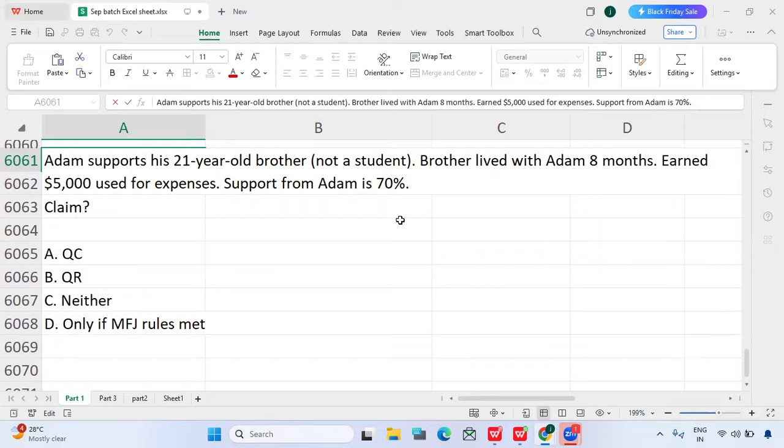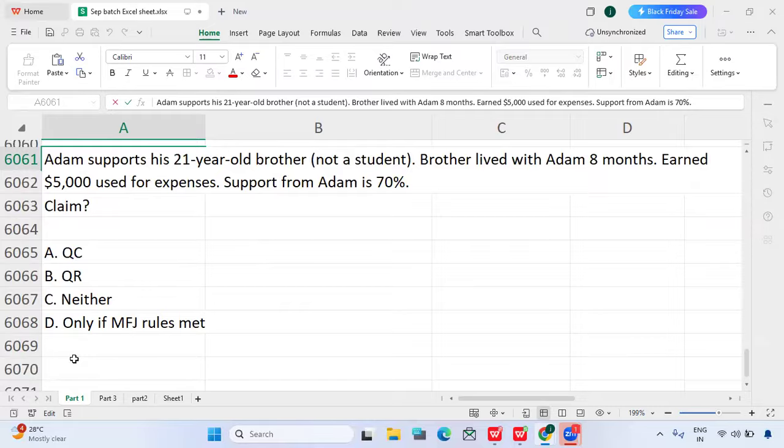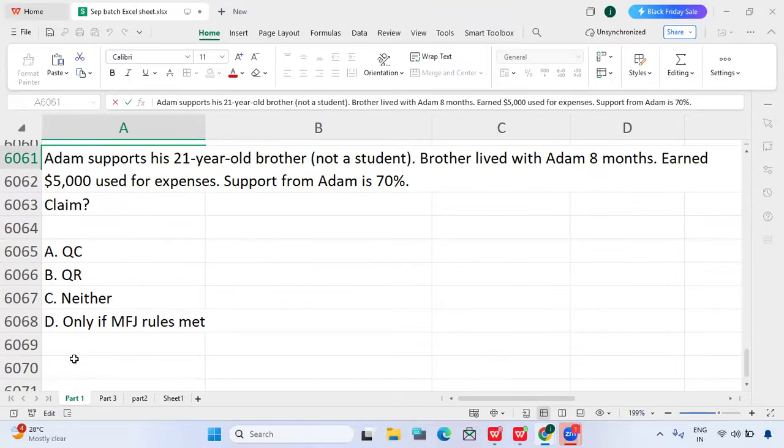Qualifying relative, correct. Can you explain why? Because first, the income test, it's less than 5050. And obviously he's a brother, he can't be a QC, a 21-year-old brother. Then support test is more than 50%. And also 7 months, 8 months only.